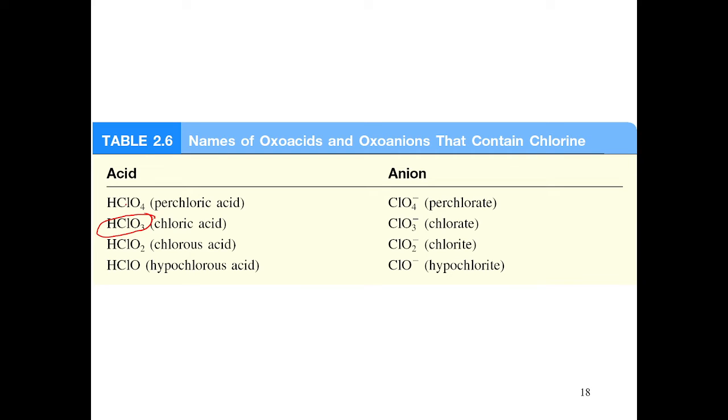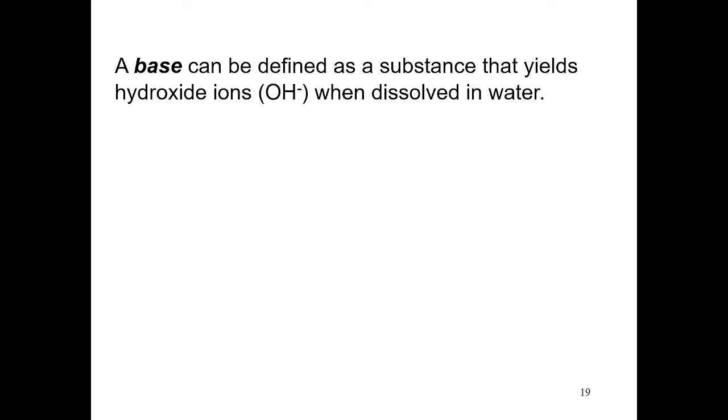Meaning to say, if perchloric acid is actually dissolved in water, this hydrogen atom will be removed from that ion, therefore producing what we call an oxoanion. That's why we have a system on how we name our oxoanions.